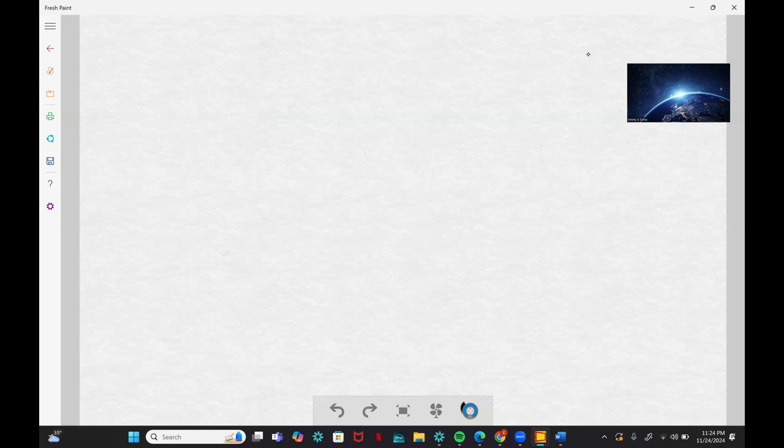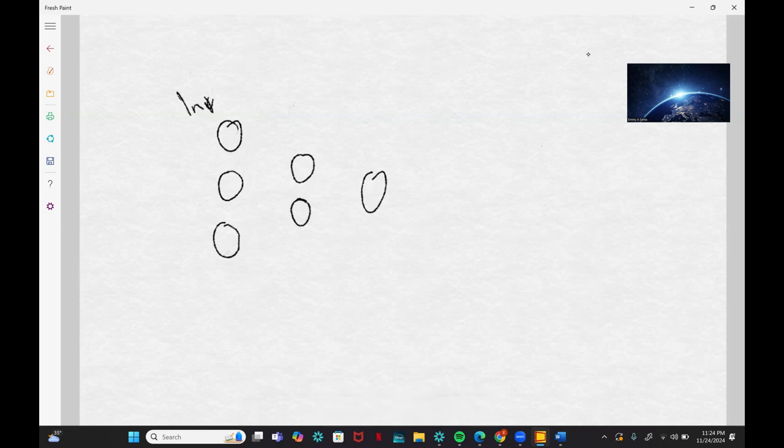Let's say we have a not very complex brain or neural network with just three layers. We have the input layer, the output layer, and then the hidden layer.